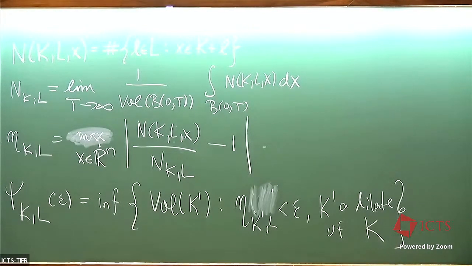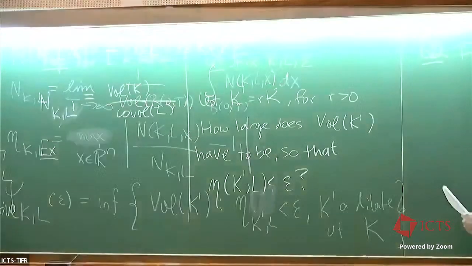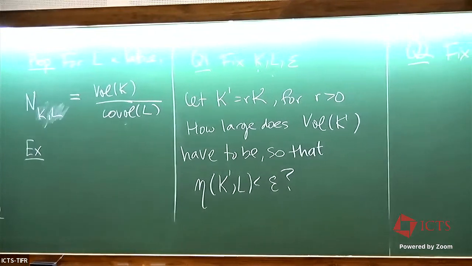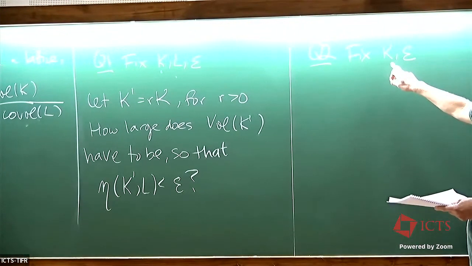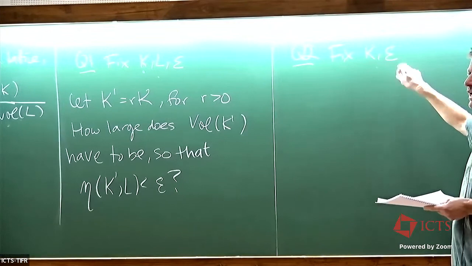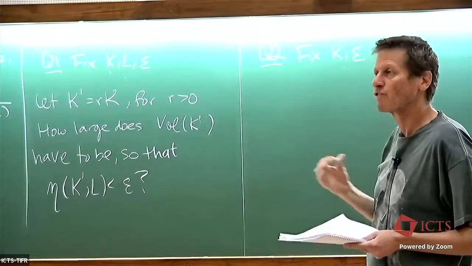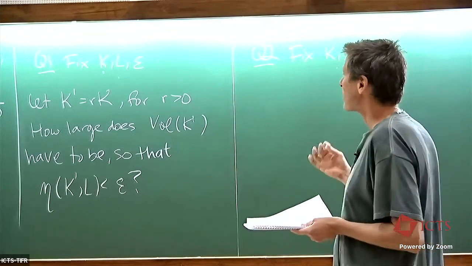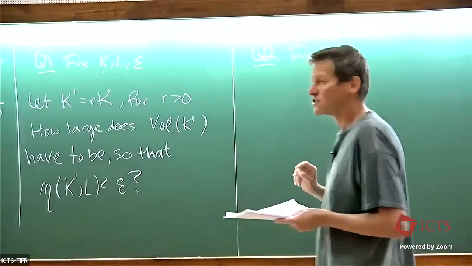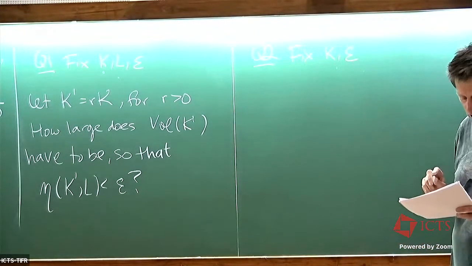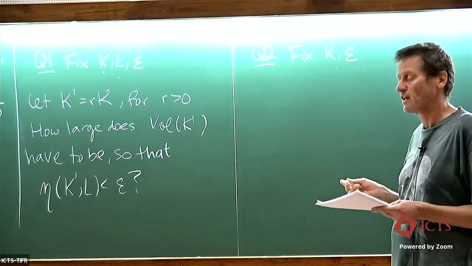And the second question that I'd like to raise is, so now we're not fixing L. We're just fixing K and epsilon, and we're searching for an L for which this cover is smooth. We're searching among lattices. So let's stick, in these first questions, to the case where the translates L form a lattice.